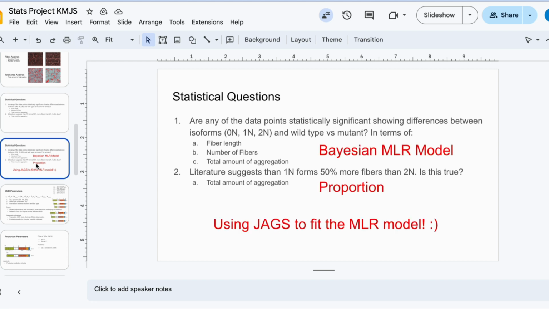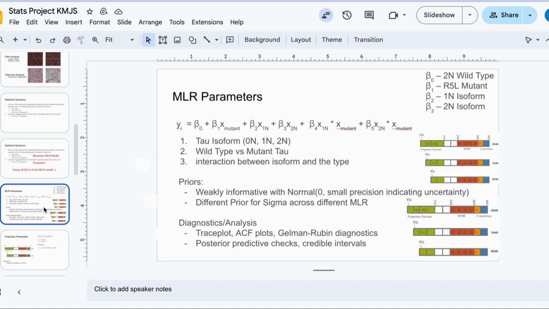For the first question, we used a Bayesian MLR model, while for the second question, we used a Bayesian inference of proportion. And for the MLR model, we used JAX to fit the model.